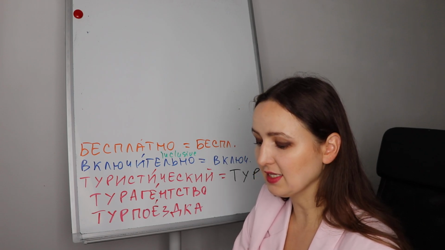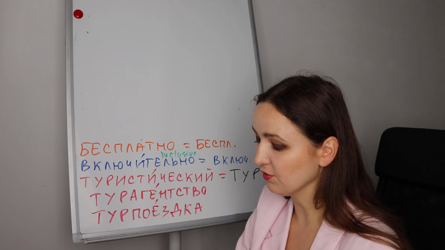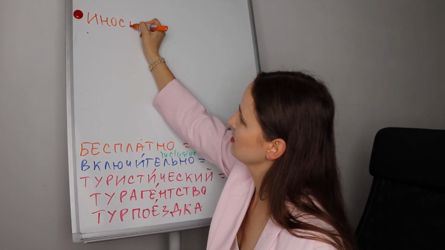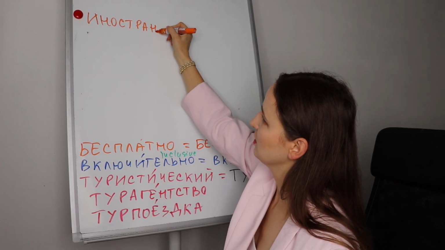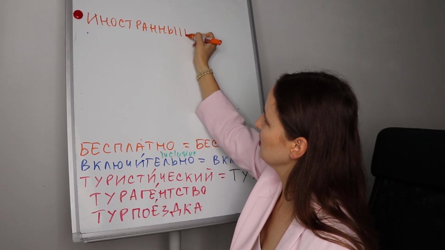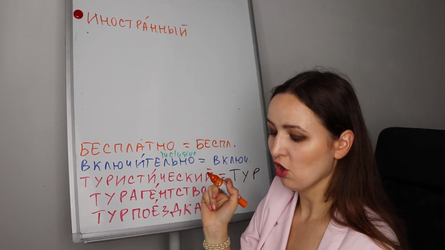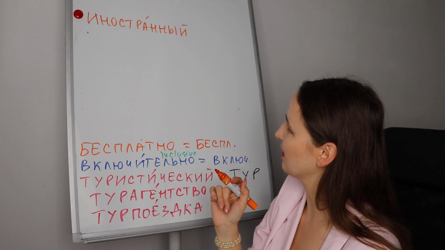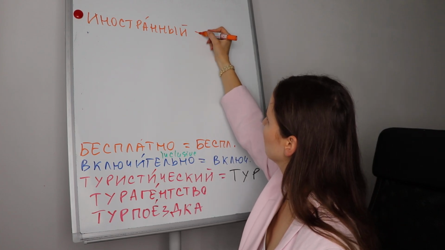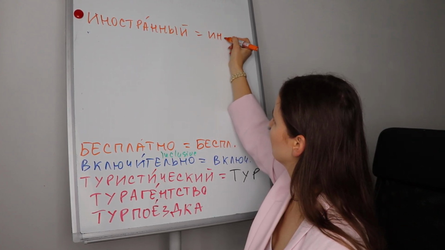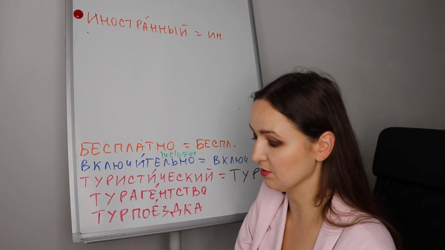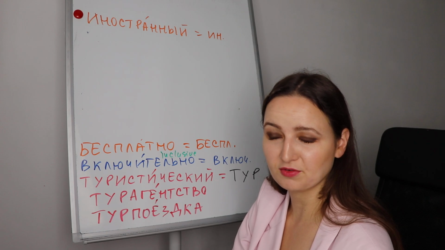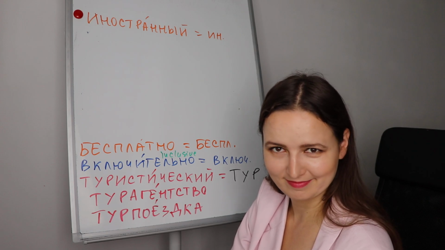Next is заграничный. No. Иностранный. Let's take иностранный first. Иностранный is foreign. We abbreviate it as ин, and it means foreign. Like инагент, foreign agent.